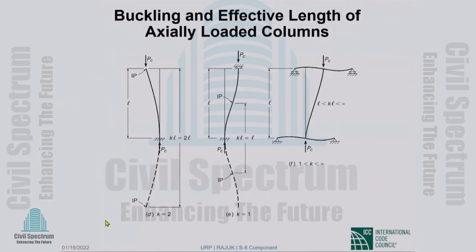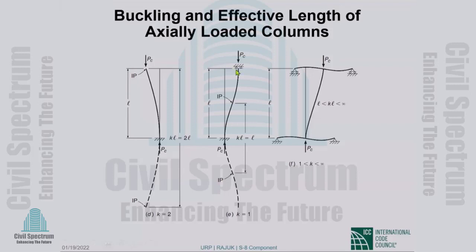Now we look at a cantilever column. Very obviously, the end can translate, if you like, and equally obviously, the K value is 2. The whole thing is like a column where the ends were not restrained against rotation.